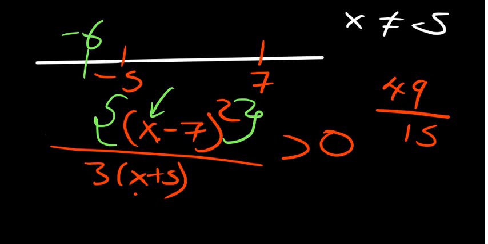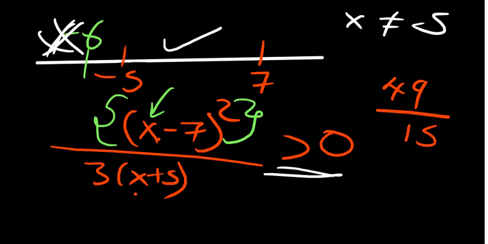So now, we are interested in the values that are going to give us something that is going to be what? Greater than what? Greater than 0. So this part has refused. It's giving us something less. Between negative 5 and 7, we are finding it is working out. How about the values after 7? Do you think they're going to work out?